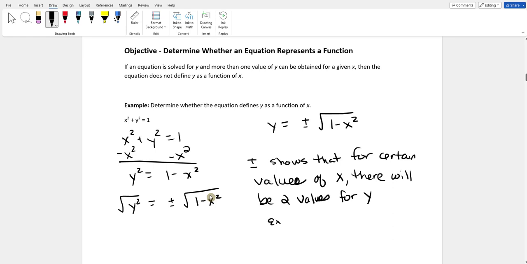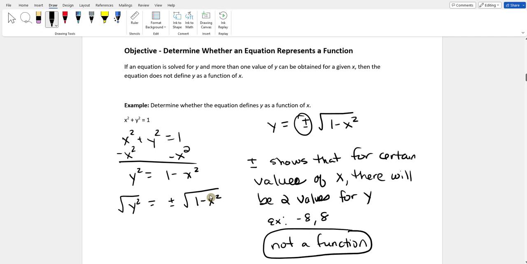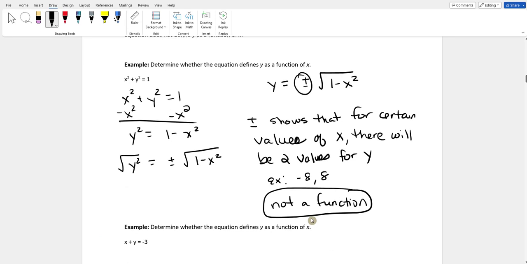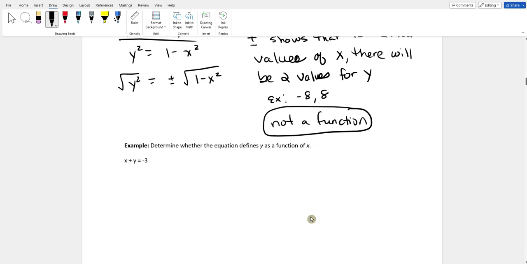When I say two values of y, let's say when I plug in a number for x, I calculate it and get answers of -8 and 8, because we have this plus or minus sign in front. So that means it's going to give us two answers. In order for this to be a function, we should only get one answer for y when we plug in a value for x. But in this case, we get two answers for y when we plug in for x.